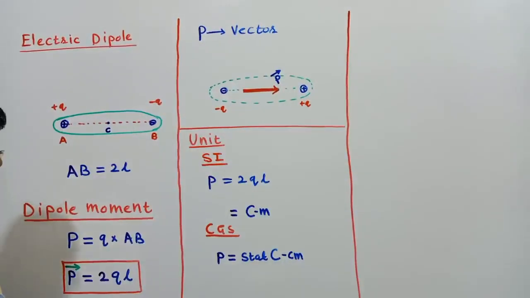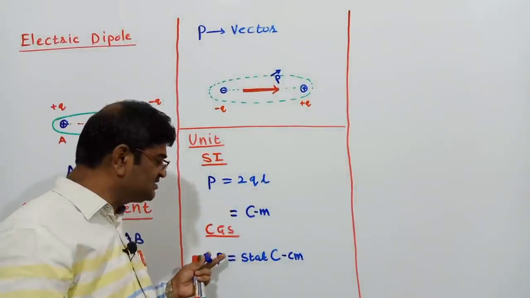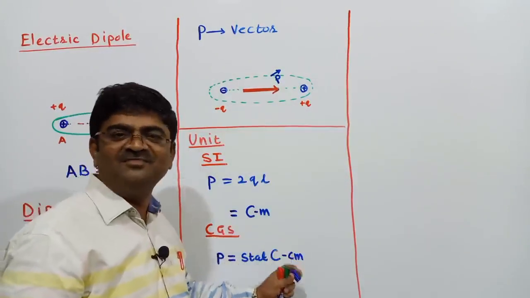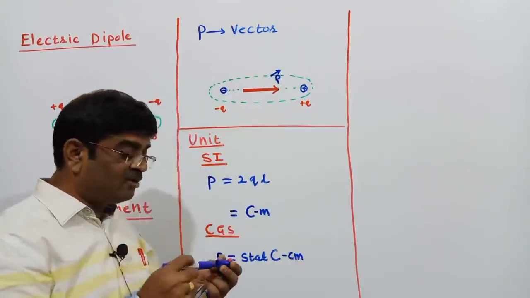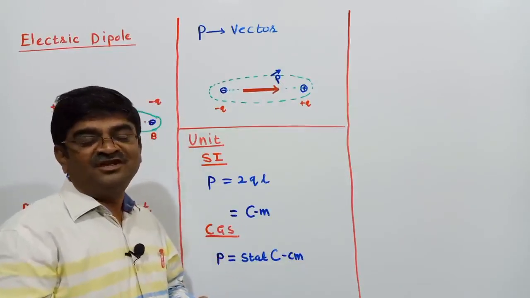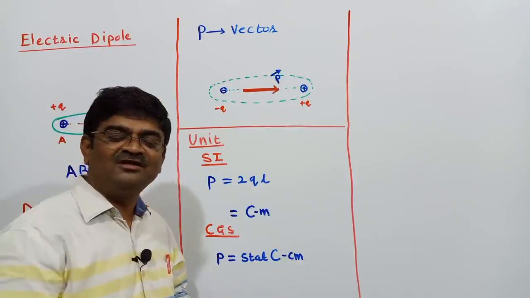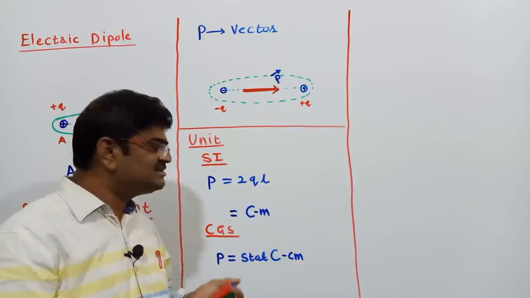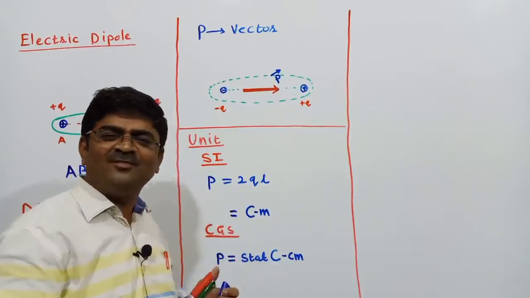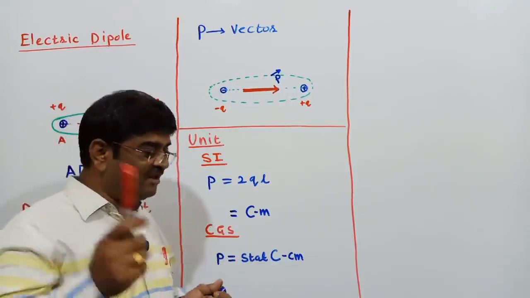So what's the unit of the dipole moment in the CGS system? Stat coulomb centimeter. But for your information, children, generally the dipole moment unit is found to be different, other than whatever I have mentioned here, in chemistry.